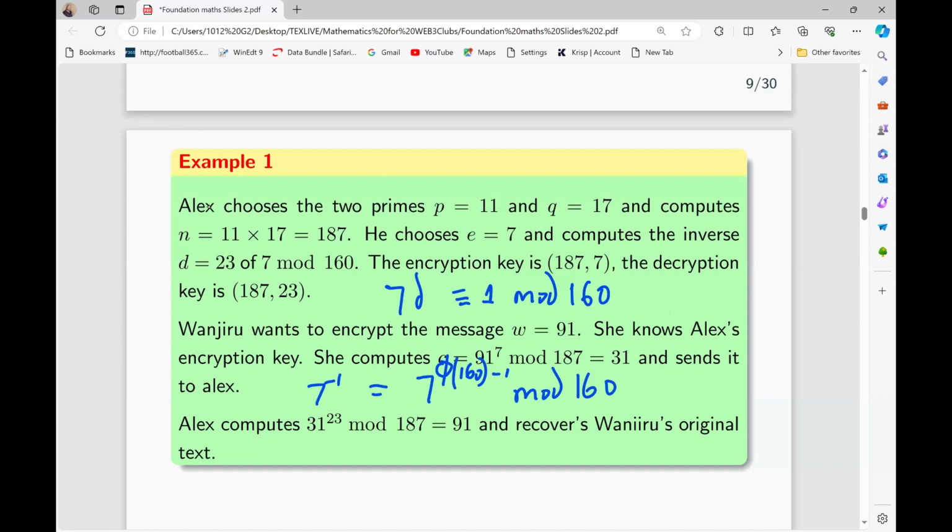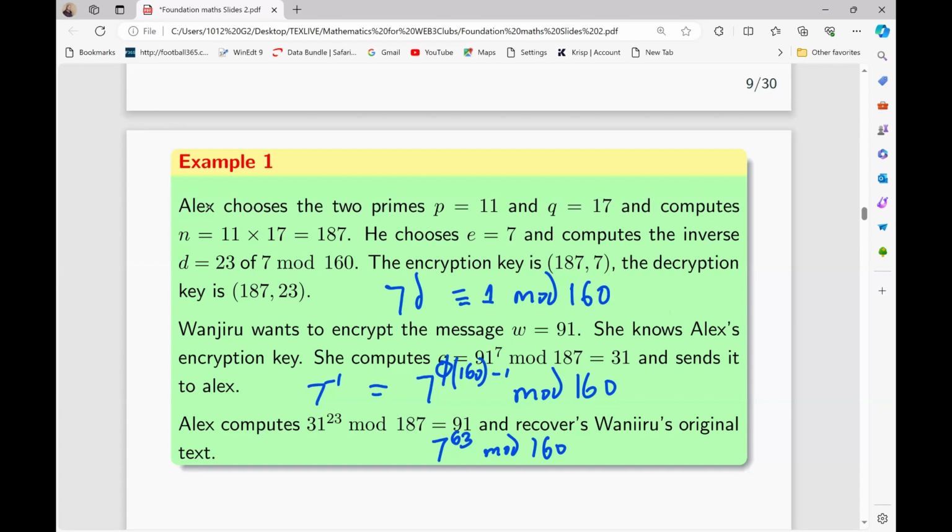I think yesterday we did that. I remember, was it 64? I think we got it to be 64, so that you are doing 7 raised to 63 mod 160. Let me just confirm.